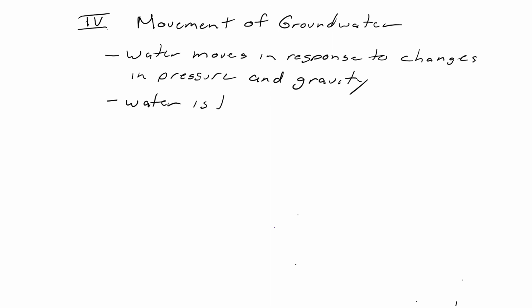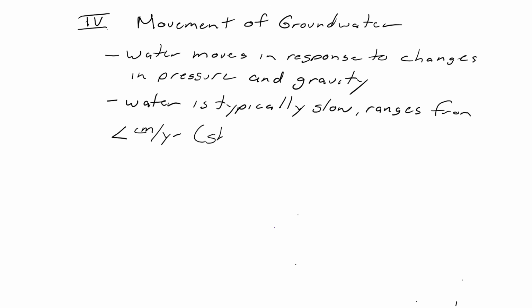Water movement is typically pretty slow in the ground. The range of speeds is pretty variable, but it can range from, say, less than a centimeter a year, and that would be in a rock such as a shale.